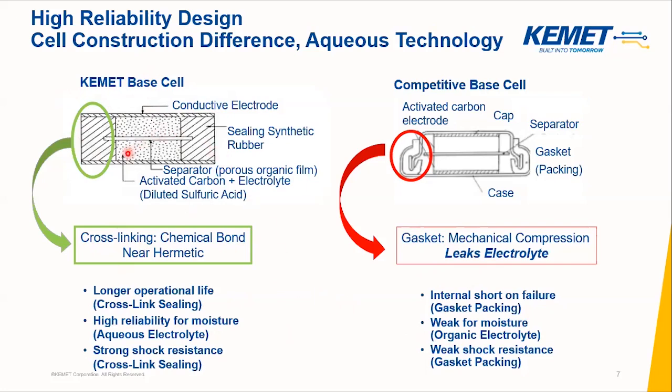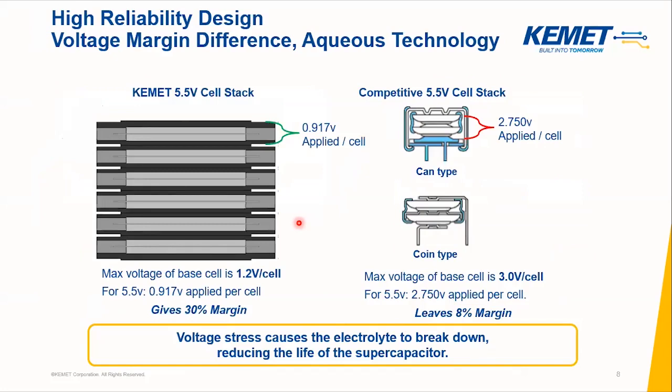The aqueous one also has much higher conductivity compared to the organic type, which lowers the ESR as well. It is also cheaper, so it affects the price as well, beside the performance.